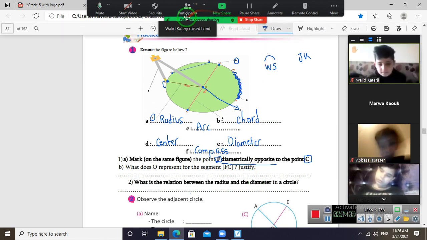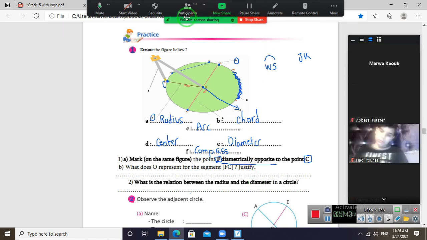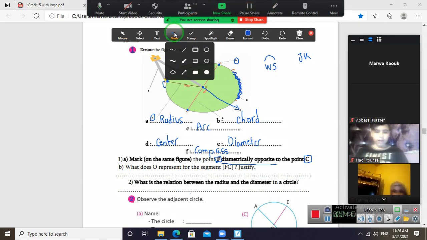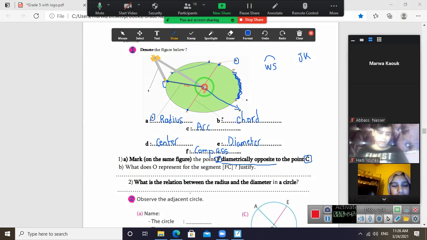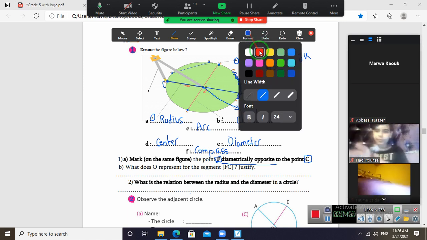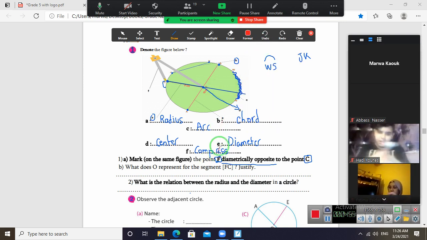What is the meaning of diameter? A segment whose extremities are two points on the circle and passing through the center. So I should elongate now, using my ruler, CO till I cut the circle at a second point here, and I will call this point F. Very good.